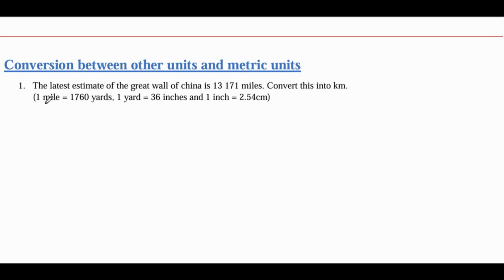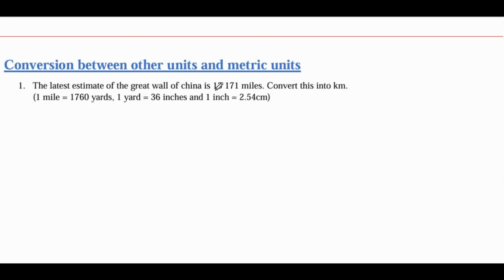Now we are given that 1 mile is equivalent to 1,760 yards, and 1 yard is equivalent to 36 inches, and 1 inch is equivalent to 2.54 centimeters. Now, all these units are linear, we are just dealing with first degree units.